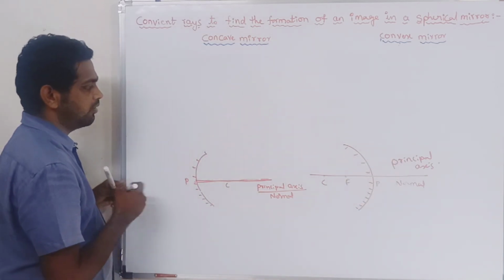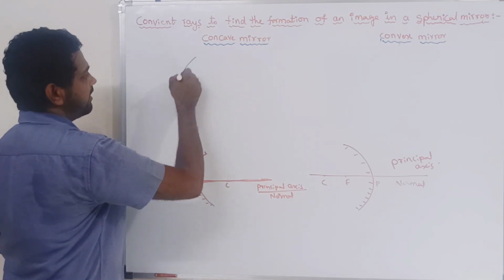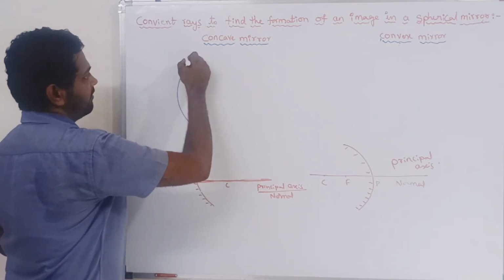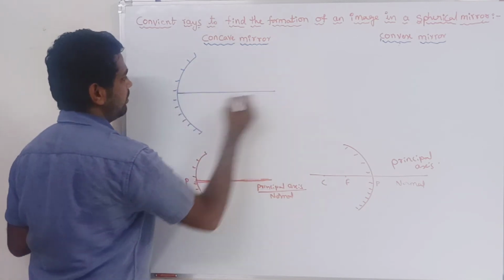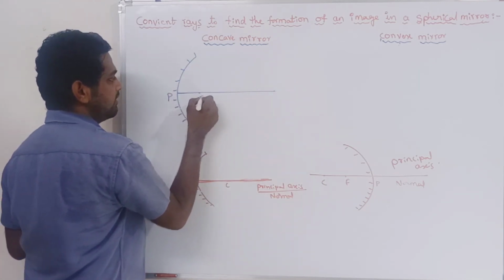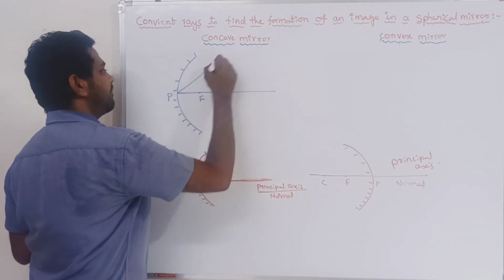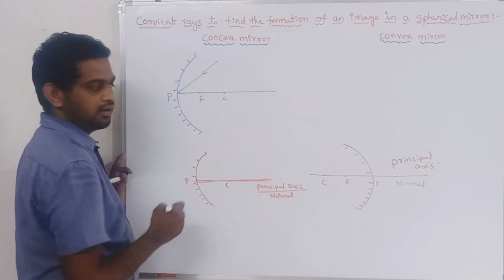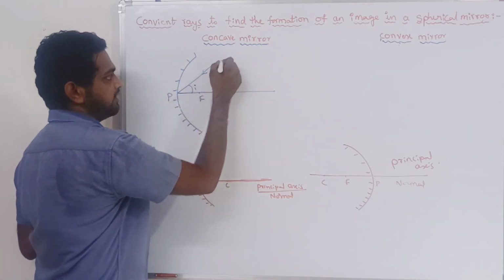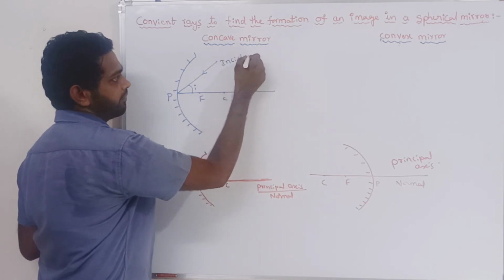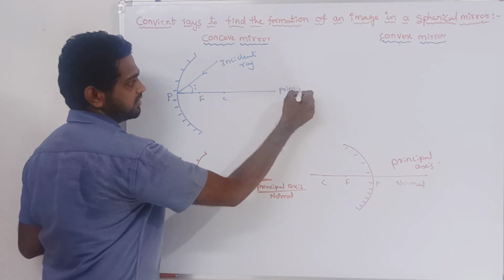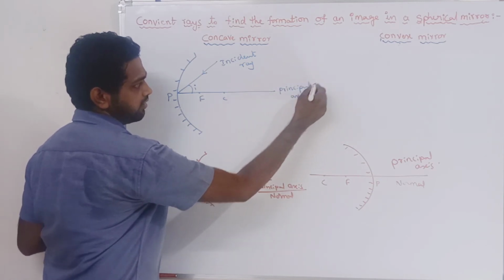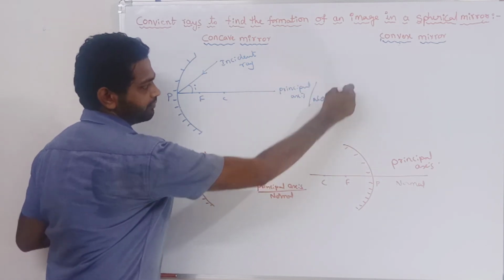Clear? Now I am going to take the incident ray which is falling obliquely on the pole. This is my incident ray which is falling at an angle of incidence i. So this will be our principal axis or else normal also.